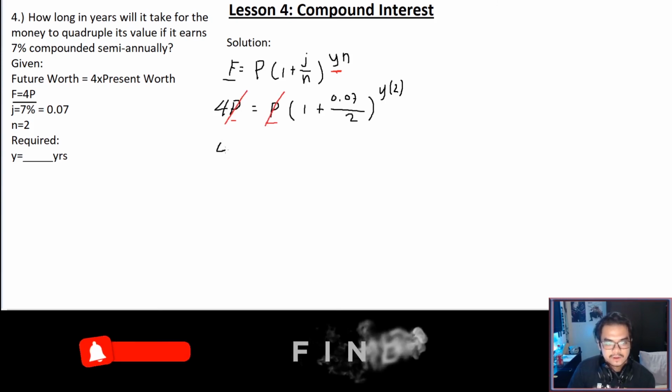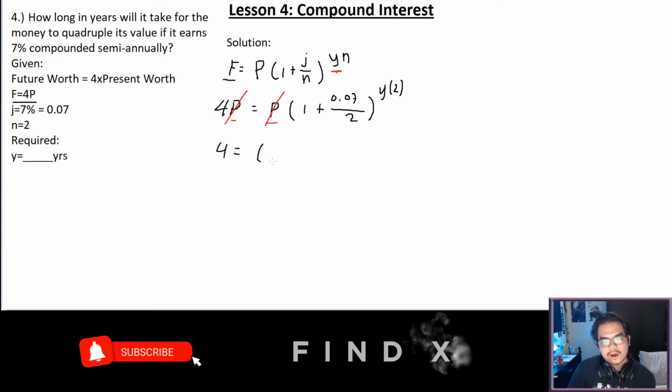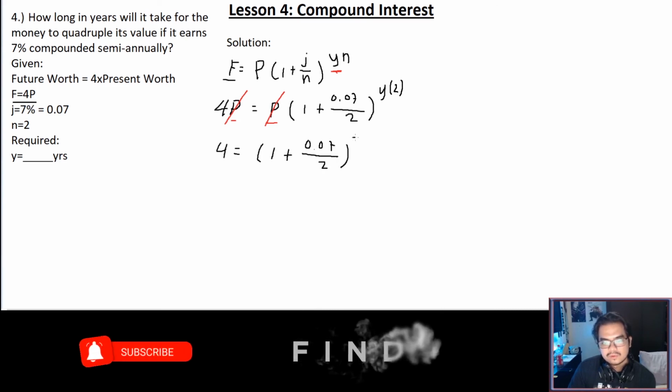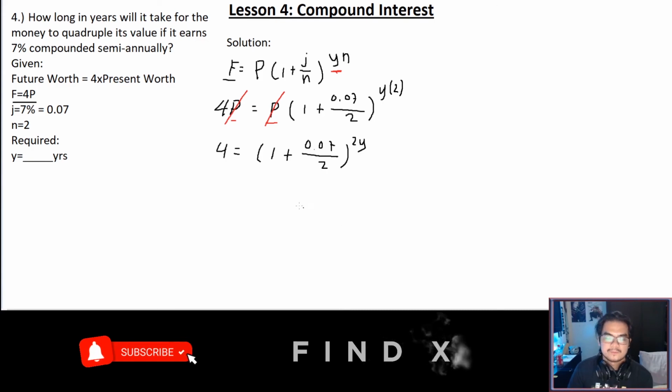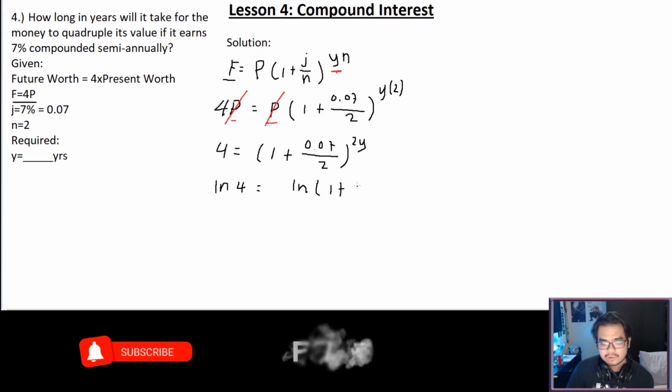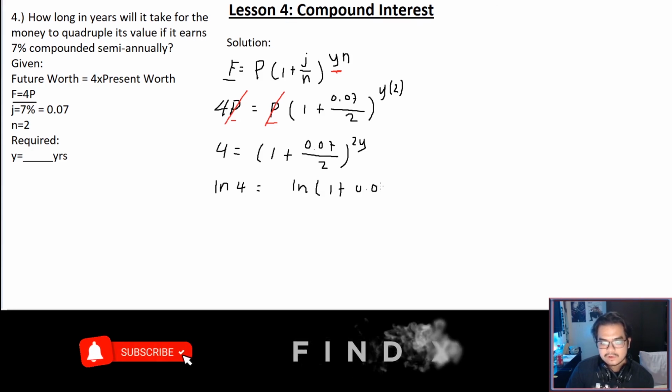You will be left with 4 equal to (1 plus 0.07 over 2) raised to 2y. Then all you have to do is find the value for y. So we can take the ln of both sides. Taking the ln of both sides, you have ln 4 equal to ln of (1 plus 0.07 over 2, that is 0.035) raised to 2y.